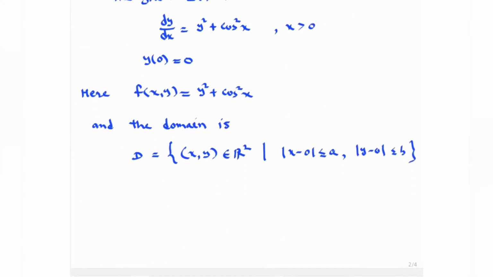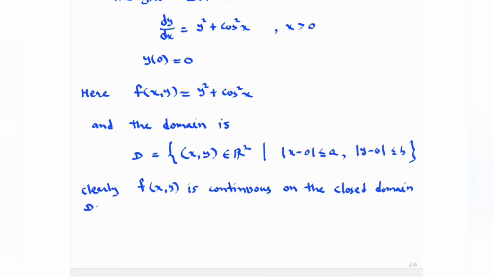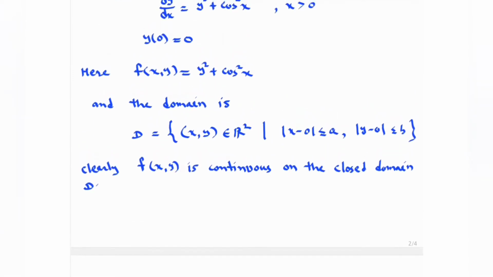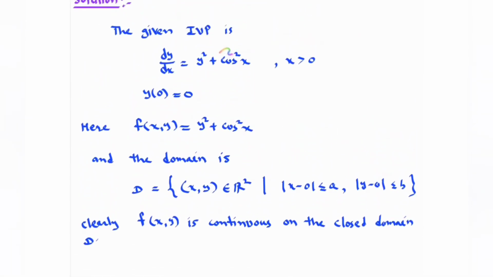So the domain we can define as D equal to (x,y) belongs to R² such that |x - 0| ≤ a and |y - 0| ≤ b. So f(x,y) is continuous on the closed domain because it is composed of two functions. One is a polynomial function and one is a trigonometric function, which is continuous.